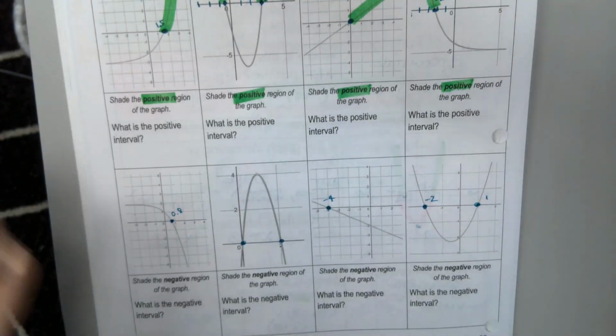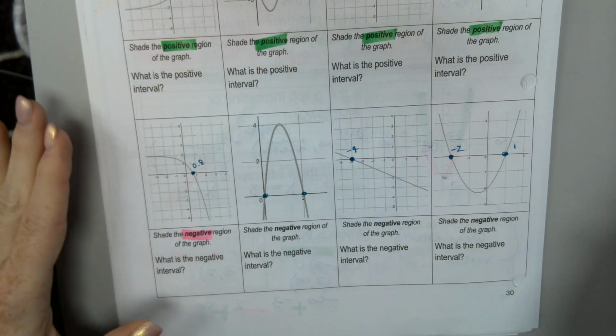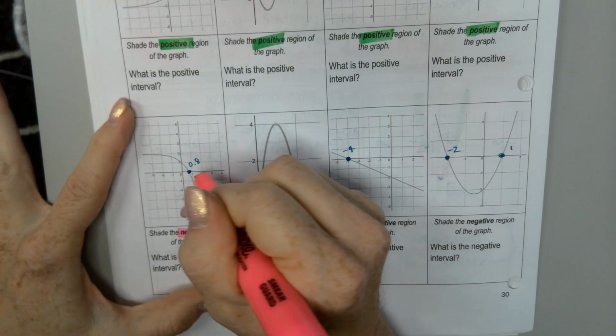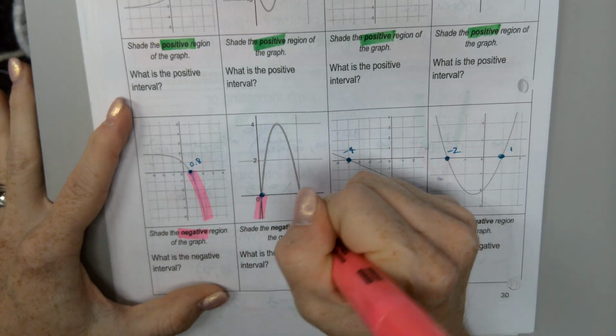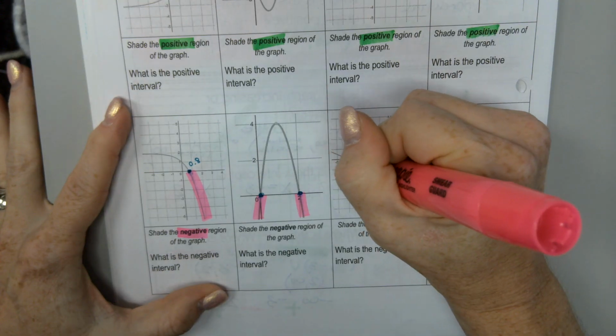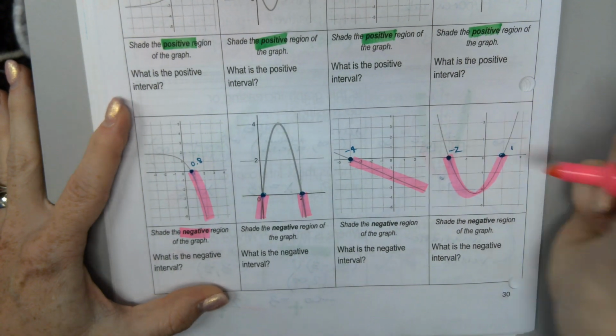Down at the bottom, it asks me to shade my negative region. So that would be anything that falls underneath the x-axis. So that's going to be there, here and here, here, and here.